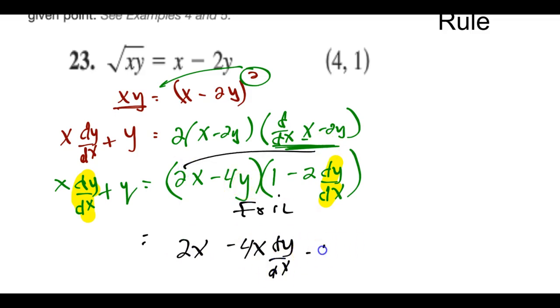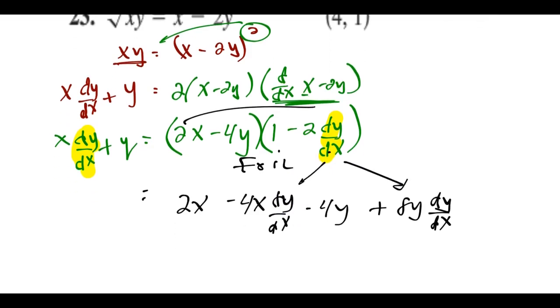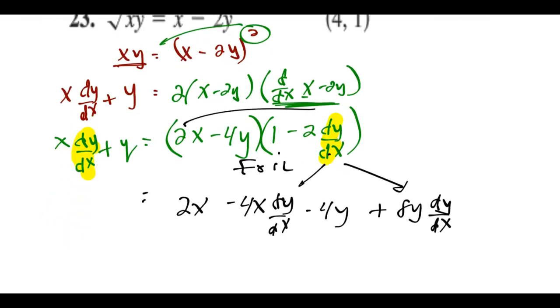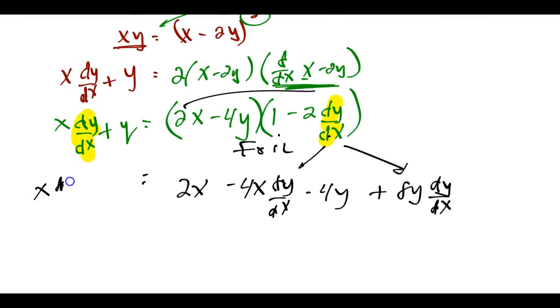My inner is negative 4y, and then my last is plus 8y dy/dx. So I only had one dy/dx, now I've got two of these things. So now I'm going to try to get all the dy/dx's on the same side. Pray this doesn't happen on your test.